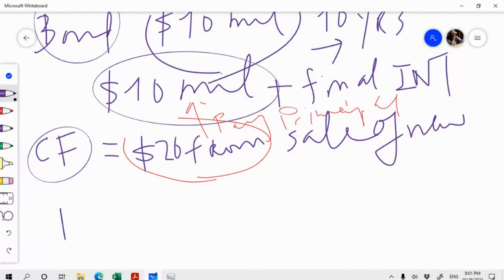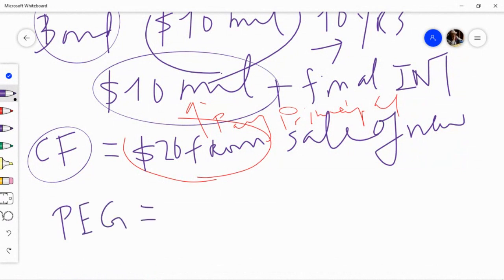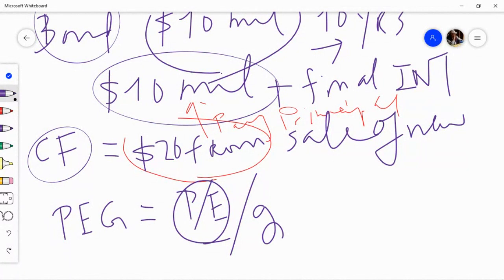Remember, price earnings growth ratio, which is price earnings ratio over earnings growth rate. This is the price earnings growth ratio. And if this ratio is close to 1, the price earnings ratio is justified.